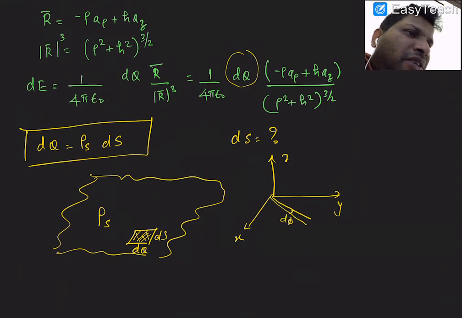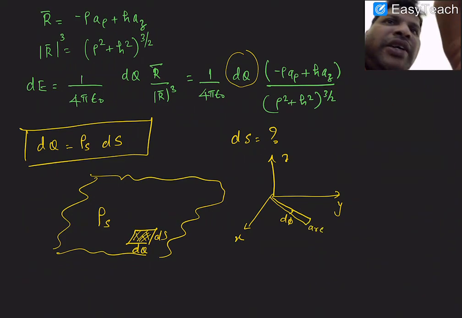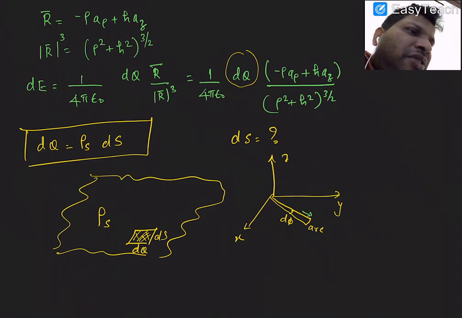My differential angle is d phi. This will create a small arc. This is my small arc, which is created by the differential angle, and the change in the length is given as d rho, because this is up to this particular point rho. So what will be my arc?